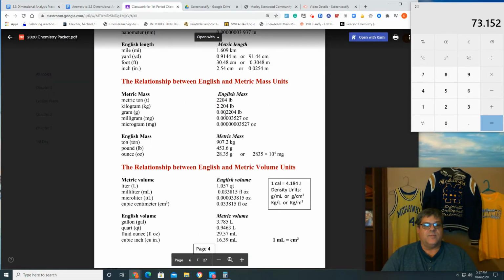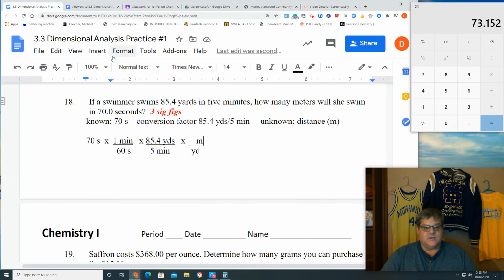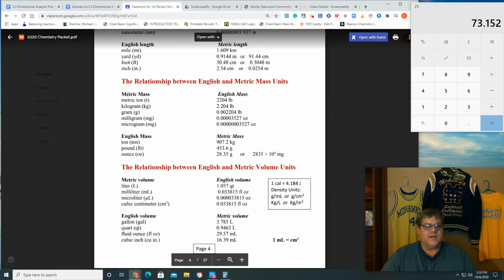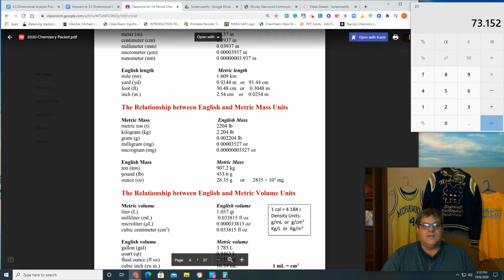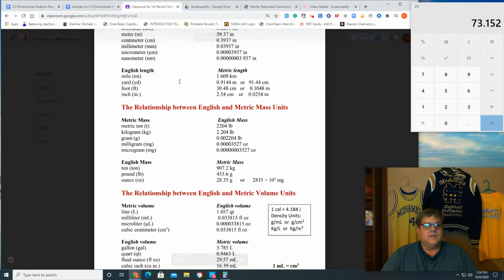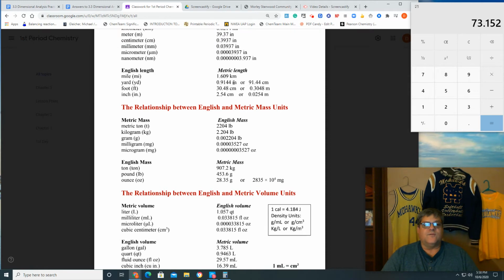I'm going from yards to meters. I like yards with 1, so let's find yard over here. Okay, there's a yard, and that's how many meters it is. So I can use that: 1 yard equals 0.9144 meters.